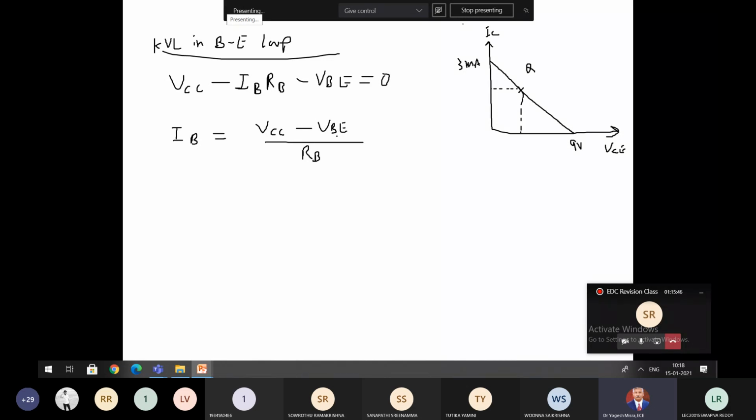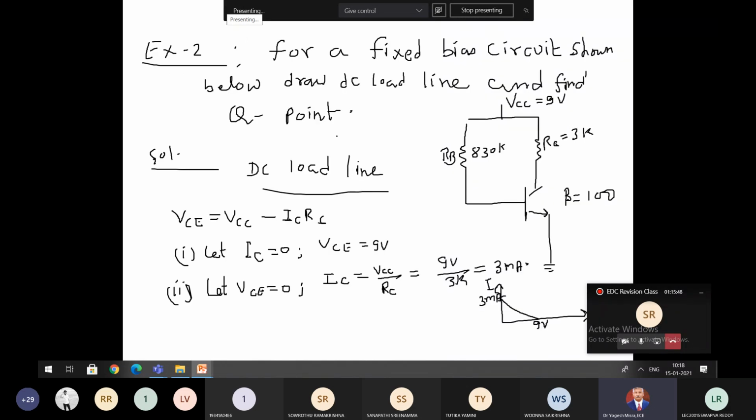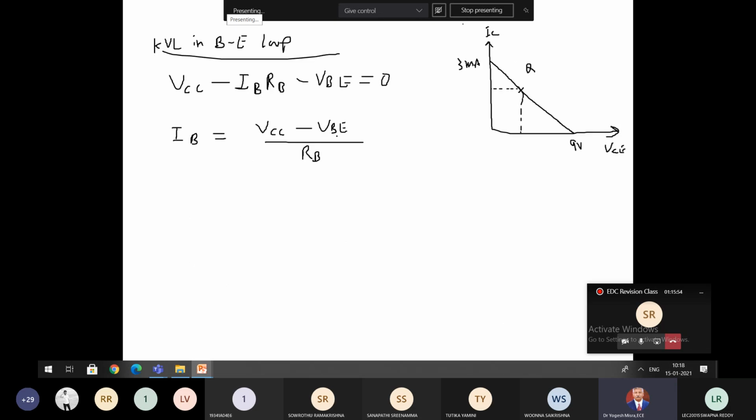But nothing is mentioned in this question, right? I have given the question for a fixed bias circuit shown below, draw the DC load line. So I have not mentioned what type of transistor this is. So we can neglect VBE because its value, 0.7 or 0.3, is very small, right?